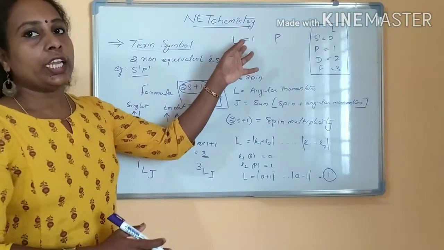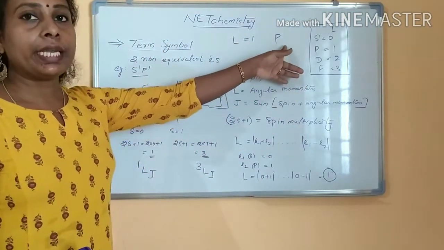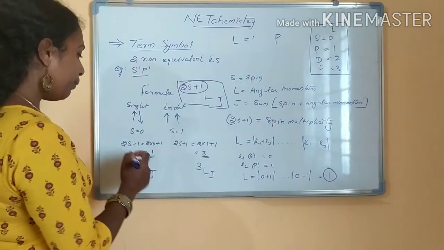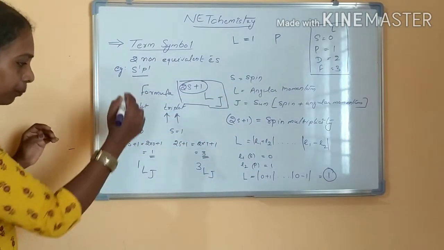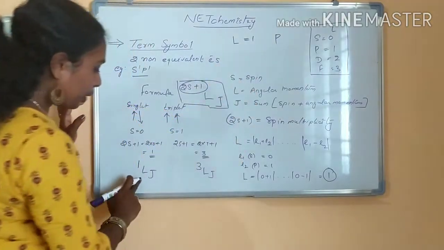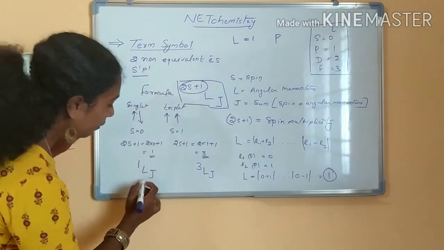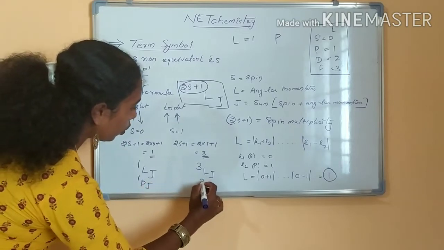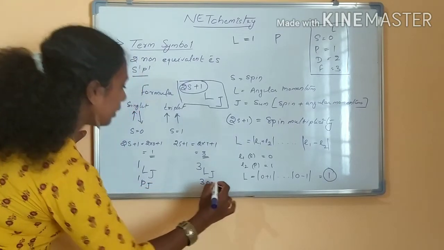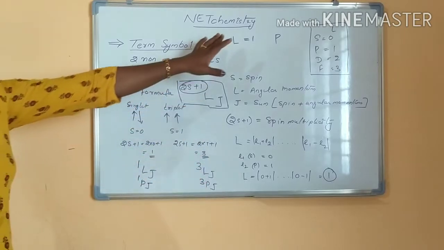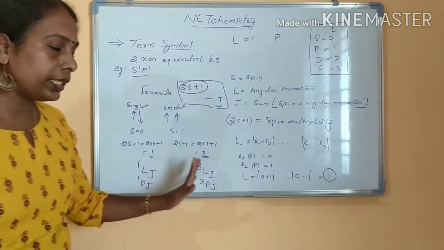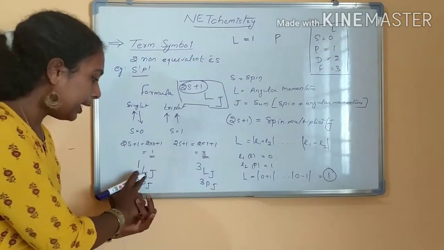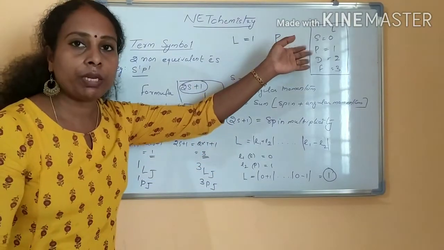So here we got L equal to 1, we will be getting P. Now you got, here I am writing, two conditions are there. We got one L value, 1 P J or else 3 P J, right? We got L equal to 1, 2S plus 1, 1 and 3 already we got. Then L we have calculated, L equal to P we got.